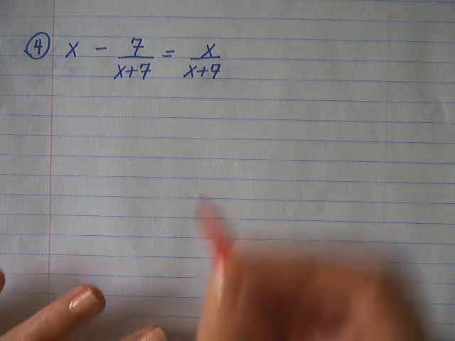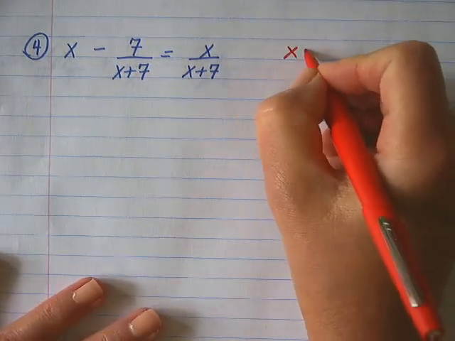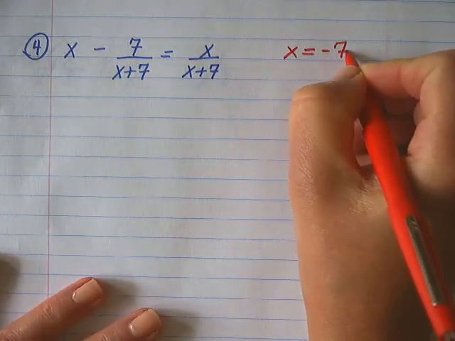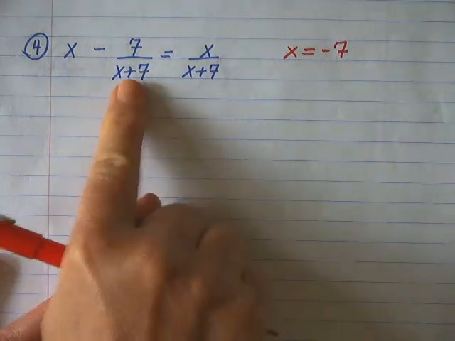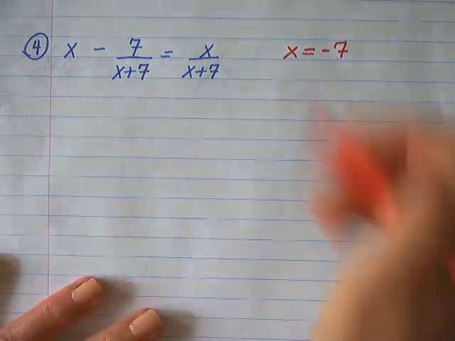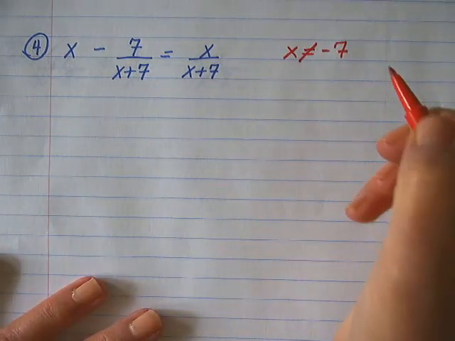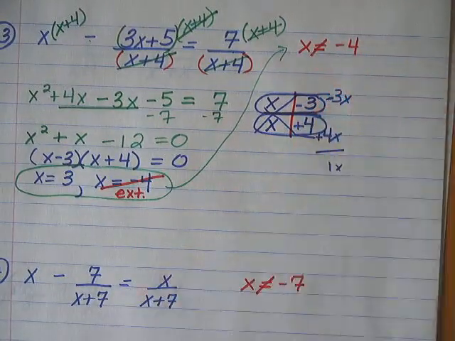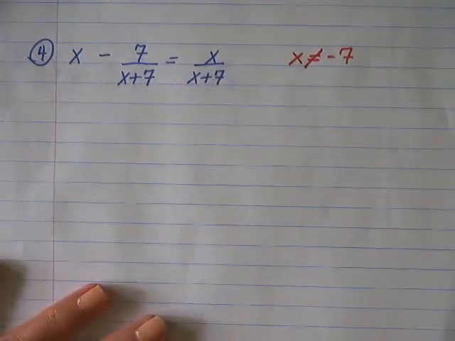So I'm going to give myself a little note over here. X cannot be equal to -7 because if x were -7, we'd get 0 denominators, and you can't do that. I should have done it up here too, sorry.